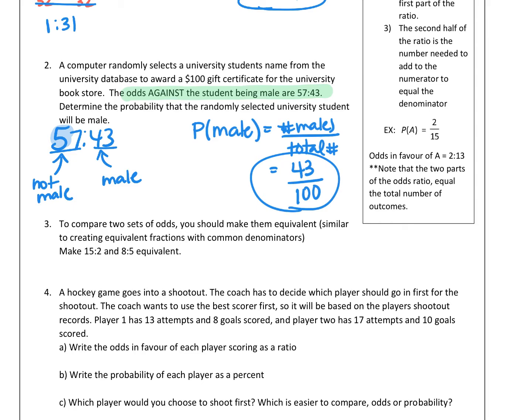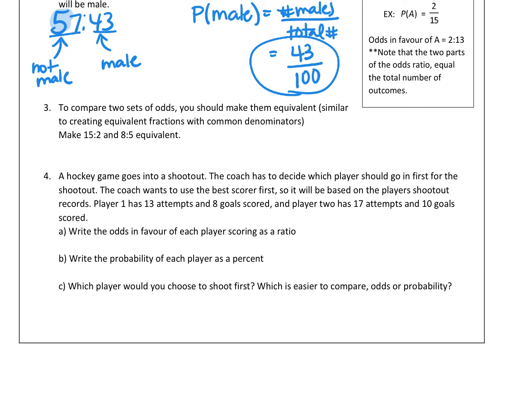Okay. Number 3: to compare two sets of odds, you should make them equivalent. It's like creating equivalent fractions, meaning you need common denominators. So it's the same idea here. If I want to make 15 to 2 and 8 to 5 equivalent, I need to set these second numbers equivalent to one another.